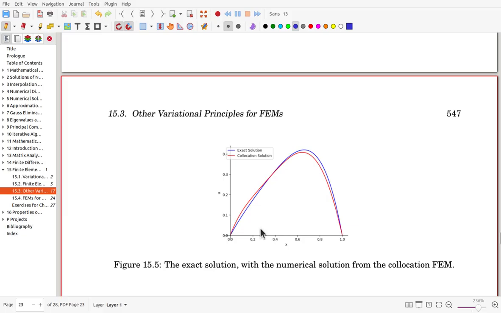The blue one is the exact solution, and the red one is the collocation solution. And if you choose a high order polynomial, then you may get a really quite accurate solution. Along with the 3 basis functions, the collocation method found this solution. The red curve is reasonably good, right? Okay, this is the end of the section. Thank you.